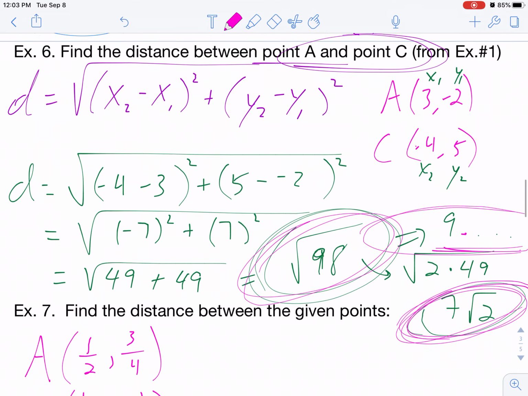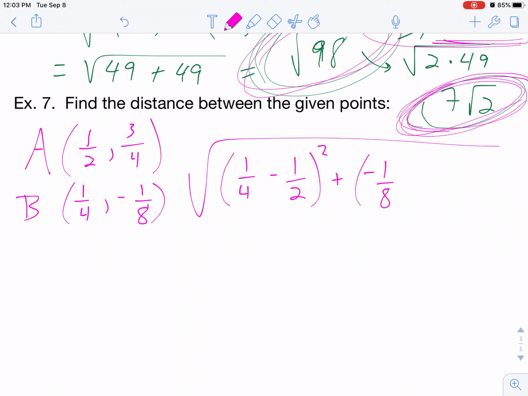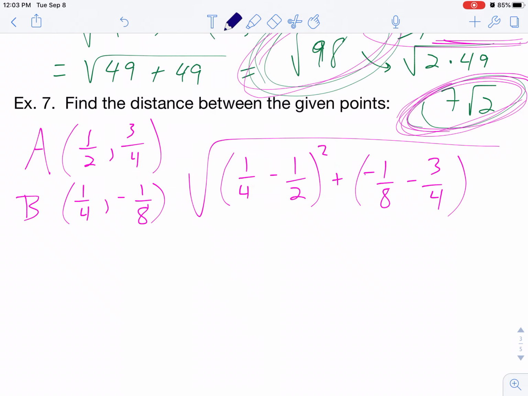I'm not going to rewrite that formula. You just need to subtract the x's, subtract the y's. And this one, it's okay to use a calculator, I guess is what I'm trying to say. At a certain point, I get lazy and I would prefer to use a calculator as well, but fractions do come up sometimes. You got to get used to them.